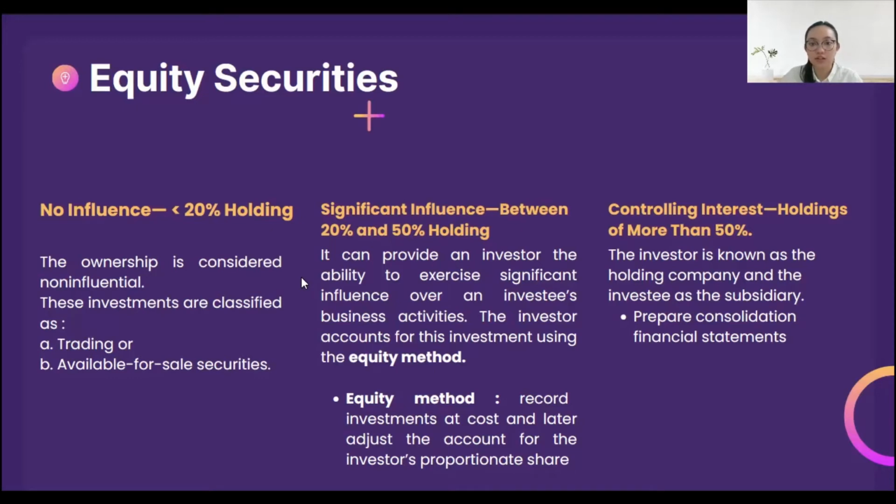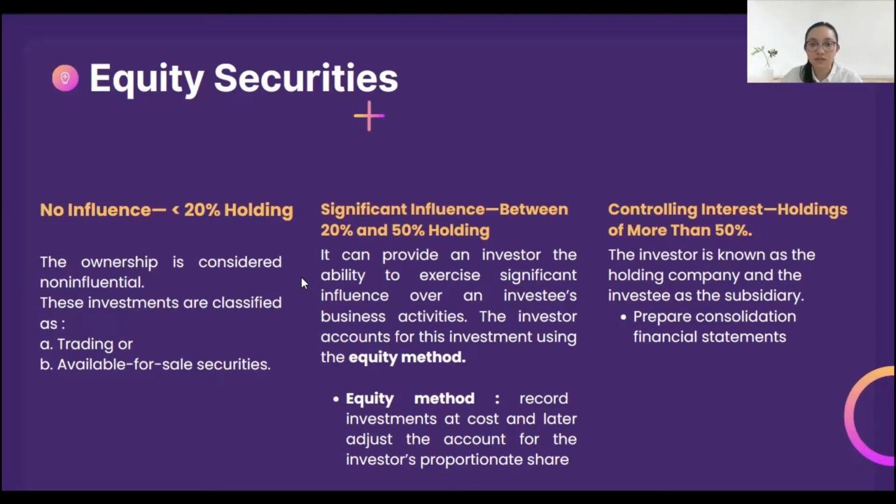When equity securities are non-voting preferred, or when the investor owns less than 20% of an investee's voting stock, the ownership is considered non-influential. In these cases, investors are assumed to possess minimal influence over the investee's activities. These investments are classified as either trading or available for sale securities based on the intent and ability of management.